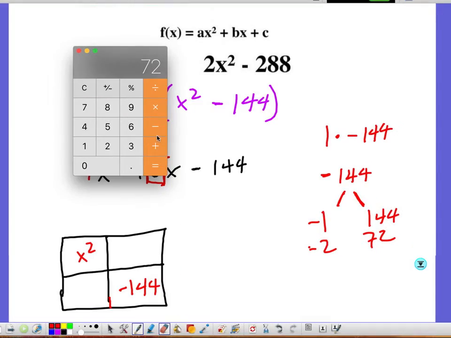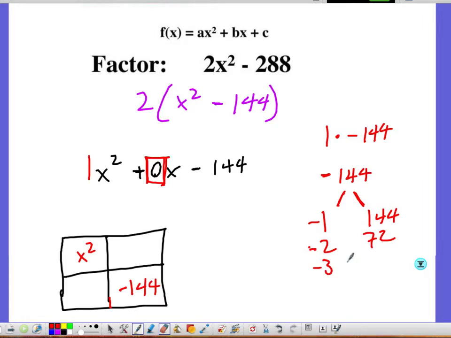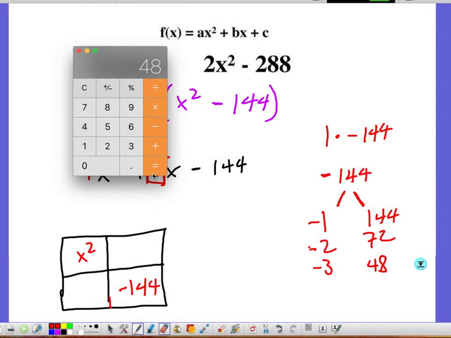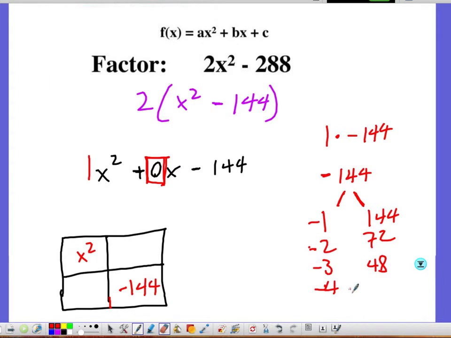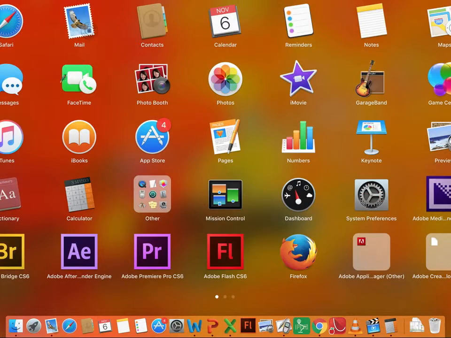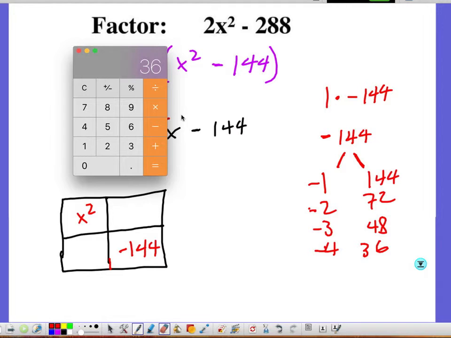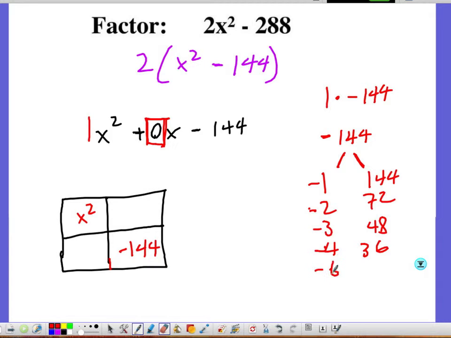Let's continue on. 144 divided by 3, 3 and 48. 144 divided by 4, 4 and 36, negative 4 times 36. And 144 divided by 6, 6 and 24.